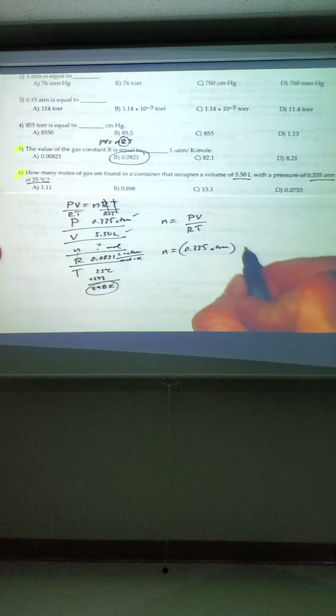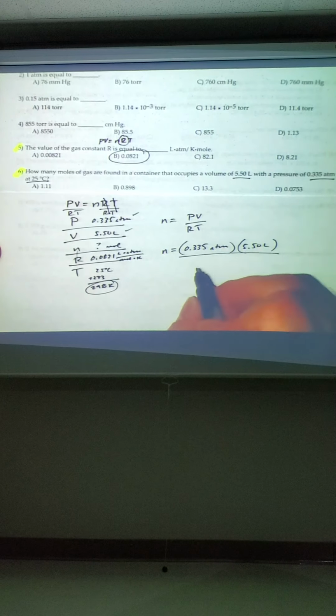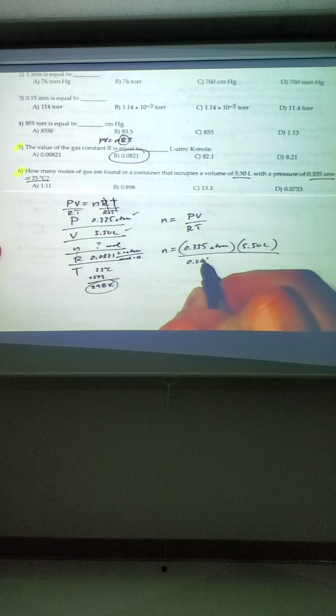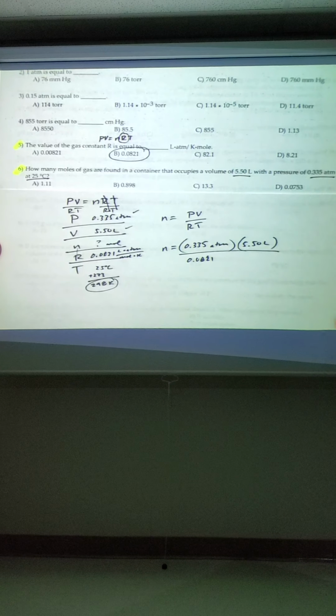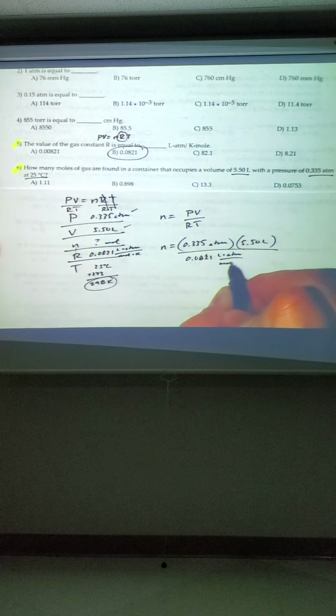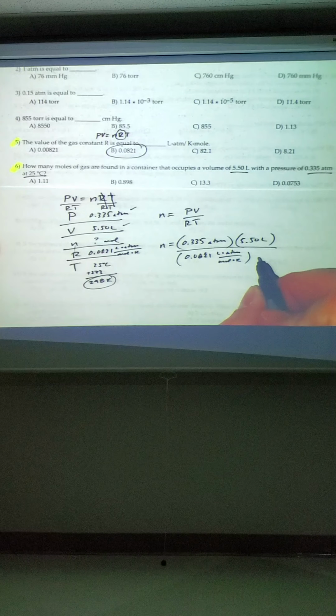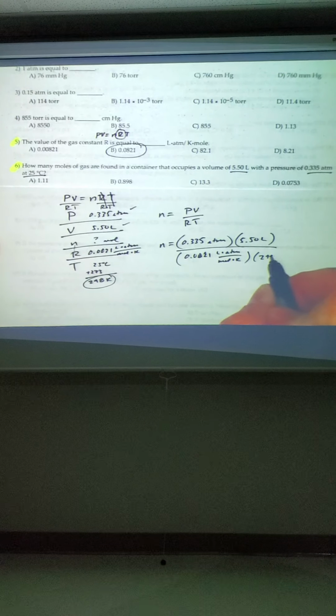Our volume, 5.50 liters. We divide that by R, which is 0.0821, only 1 0 in there, liters atmospheres over moles times Kelvin. And then our converted temperature of 298 Kelvin.